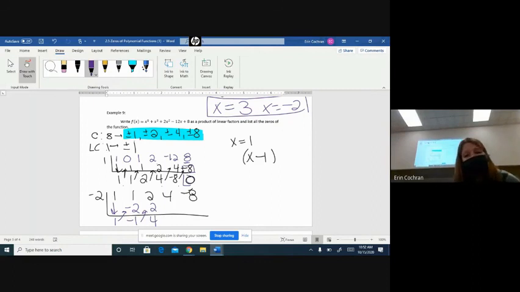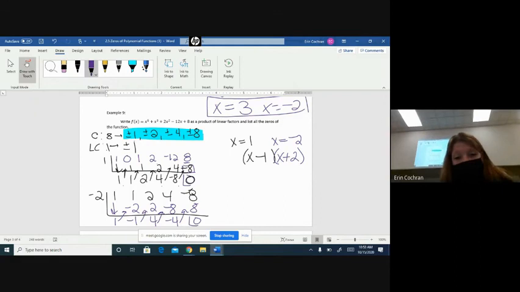What's negative 2 times 4? Negative 8. Negative 4. And what's negative 2 times negative 4? 8. And negative 8 plus 8 is 0. So x equals also negative 2. So in a parenthesis, that would be x plus 2, right?